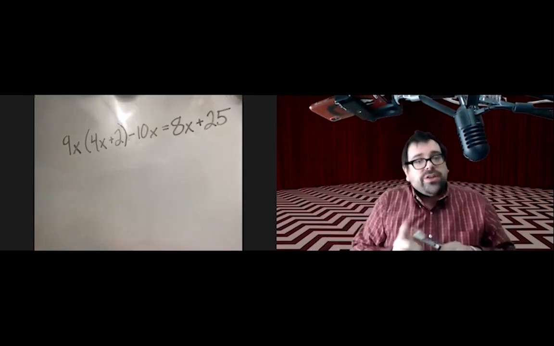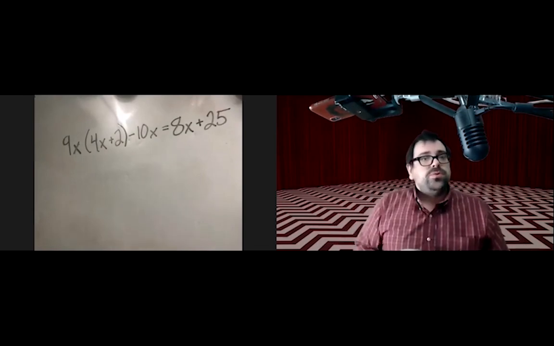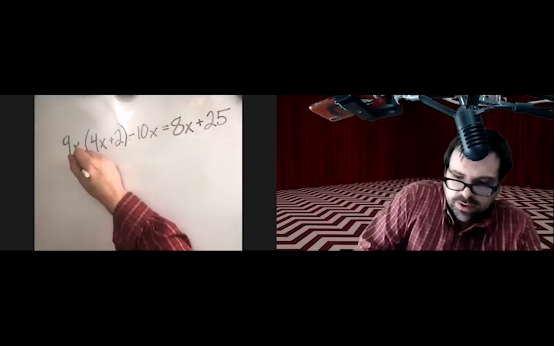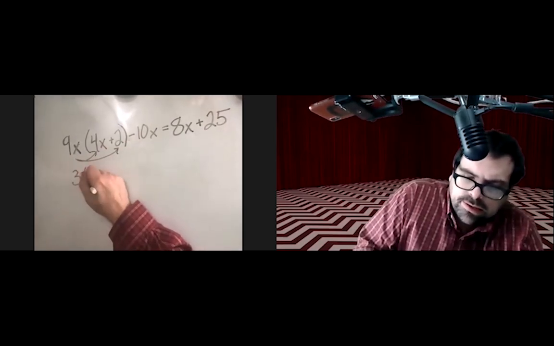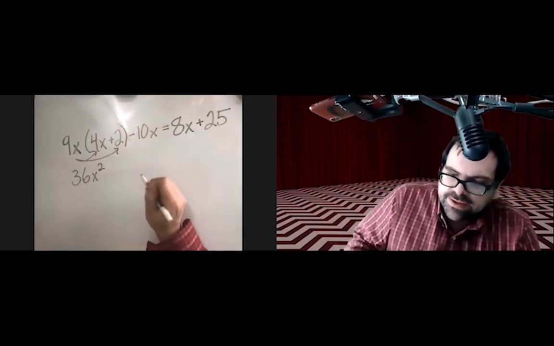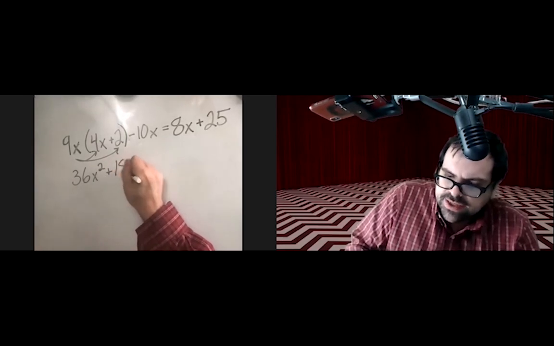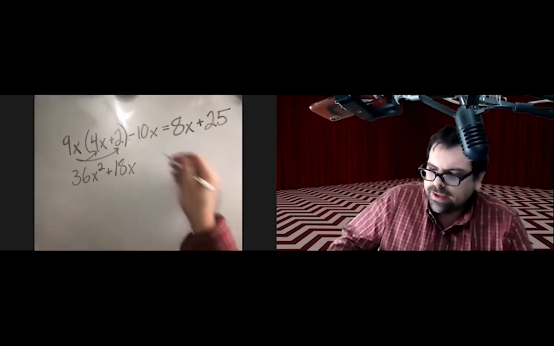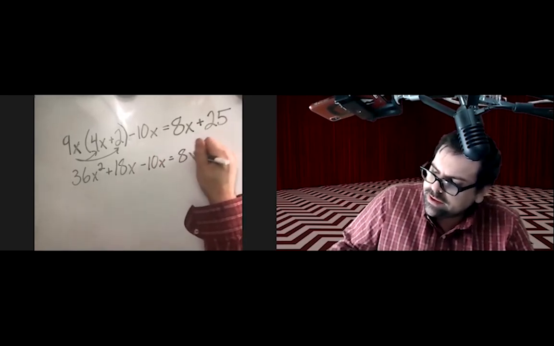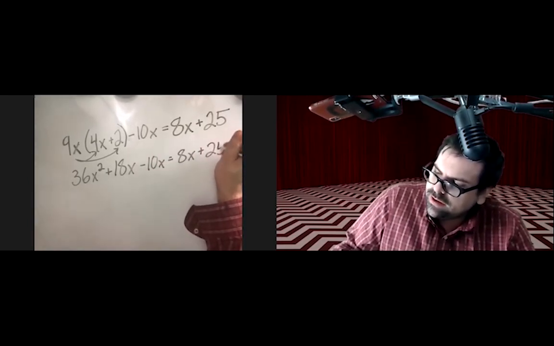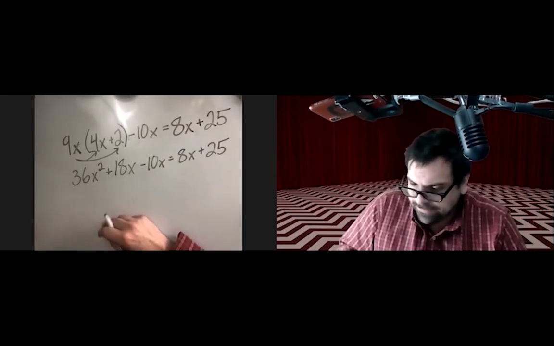Because in order to solve this, you first need to distribute to clear the parentheses. That's 36x squared plus 18x. And then we have minus 10x. Nothing to distribute or simplify on the right side.